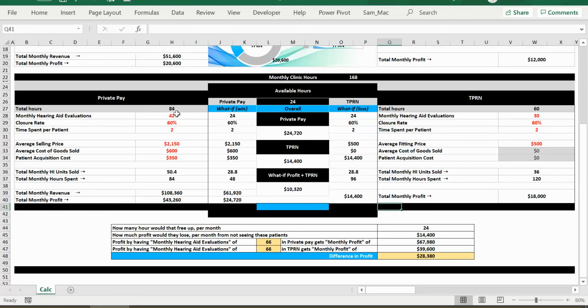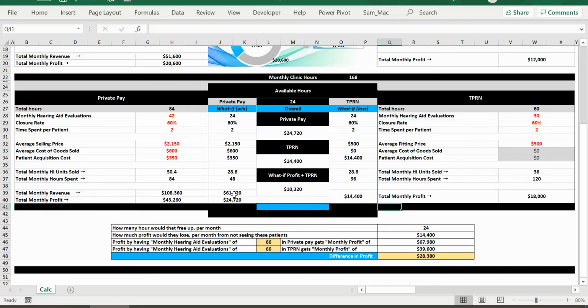So with the extra available hours of 24, what if you do that in the private pay, or what if you do that in the TPR? That particular information is what is getting calculated. Whatever you reduced is your maximal available hours getting calculated in your what-if as well as your TPR.